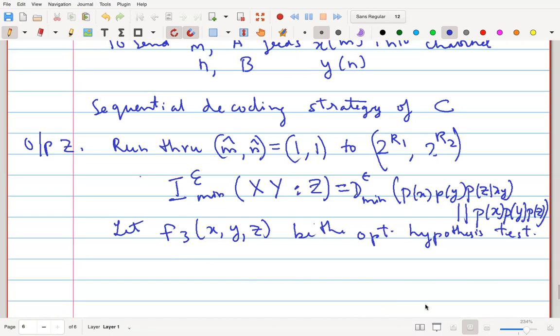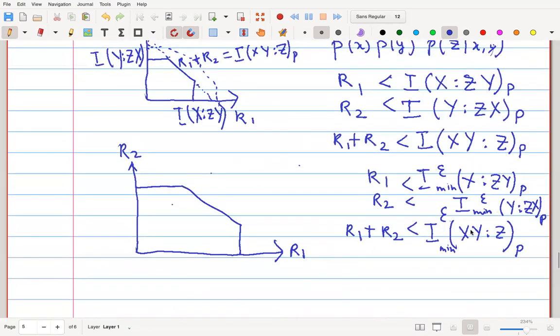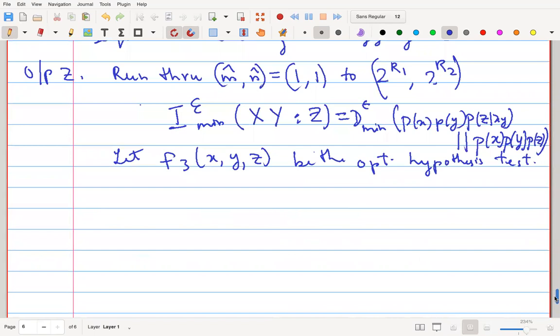Now, if you look at the rate region, there were of course two other I epsilon min terms out here. Like this is the third one. There were two other I epsilon min terms, so they will also have their optimizing hypothesis tests.